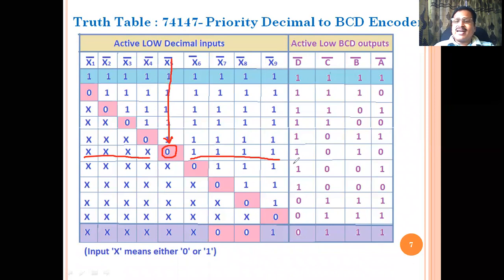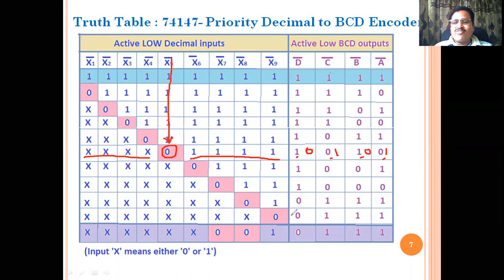The BCD for decimal 5, as we know conventionally, is 0, 1, 0, 1. With inversion, D bar, C bar, B bar, A bar comes as 1, 0, 1, 0 as output. So with active high, DCBA is 0, 1, 0, 1. With active low, it comes with inversion as 1, 0, 1, 0, the BCD code for decimal 5 in the IC.